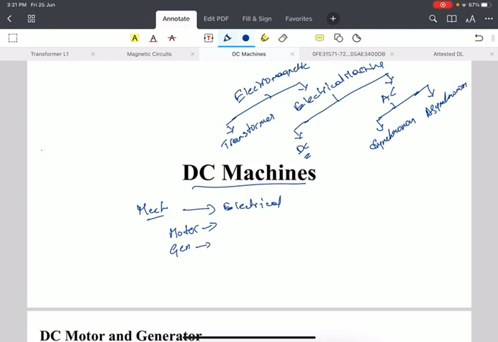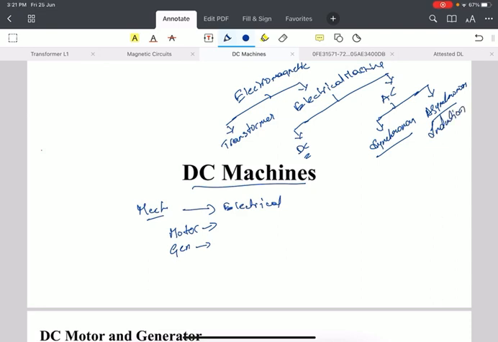If the speed of the rotor is in phase with the speed of the stator, that means it's synchronized with the stator, then those machines are known as synchronous machines. If the speed of the rotor is lagging behind, then those machines are known as asynchronous machines. Asynchronous machines are also known as induction machines.